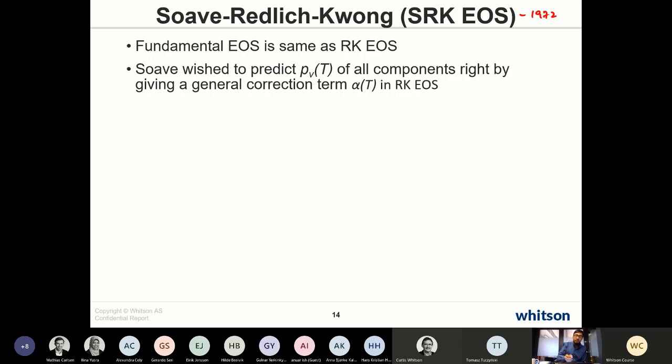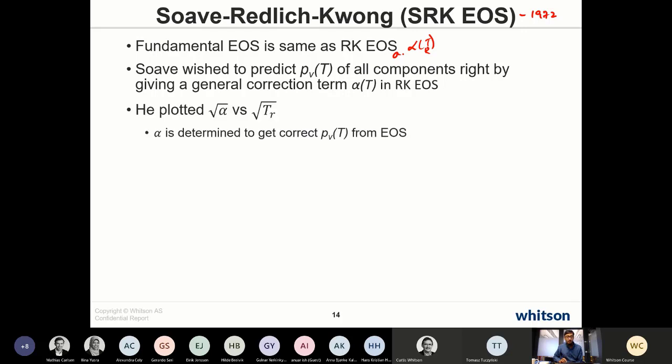What he did: we saw that in the Redlich-Kwong there is this correction term alpha that's added to the term A. In Redlich-Kwong, alpha was mainly a function of the reduced temperature, but he generalized that alpha correction term to be applicable to all the components to get their vapor pressure correct, and we will see in more detail how that was done. So here is exactly what is explained.